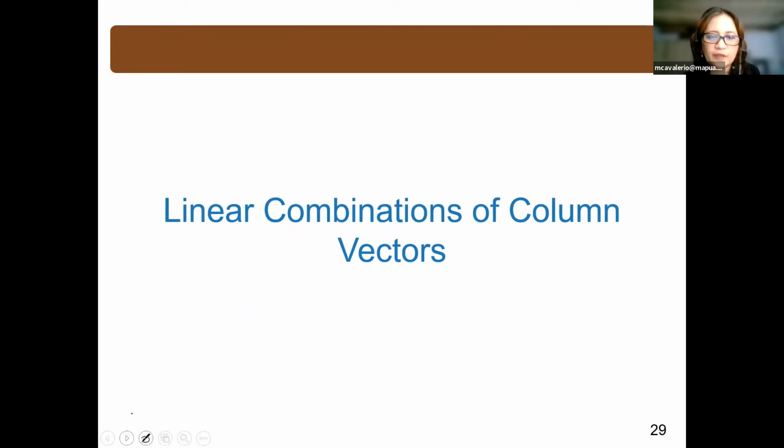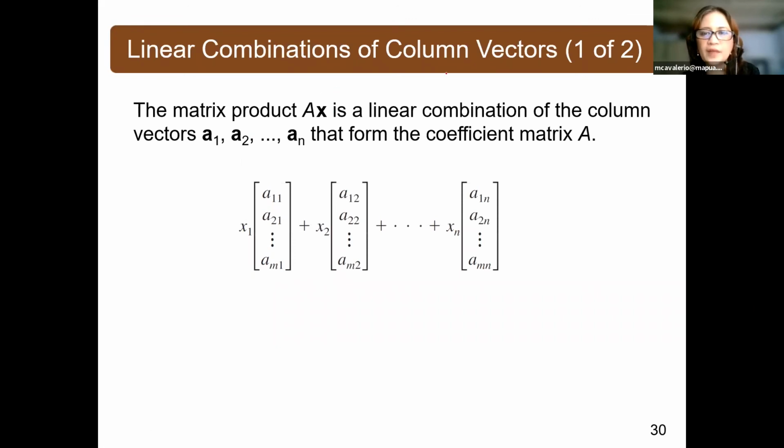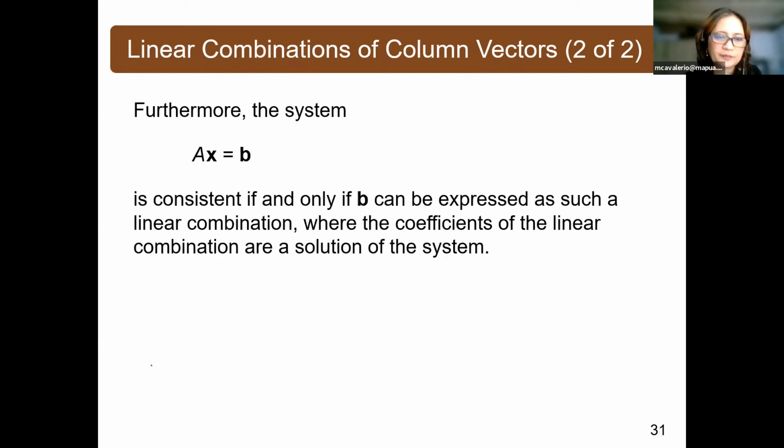Now, notice that with AX equals B, we can actually apply what you call the linear combination of column vectors. Now, how do we apply this? The matrix product AX is a linear combination of the column vectors A sub 1, A sub 2, up to A sub n that form the coefficient matrix A. The first column is simply the coefficients of x sub 1, and the second column is the coefficients of x sub 2, up to the last column, which is the coefficients of the last variable x sub n.